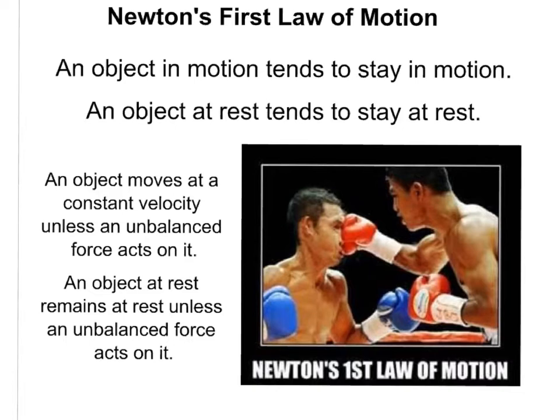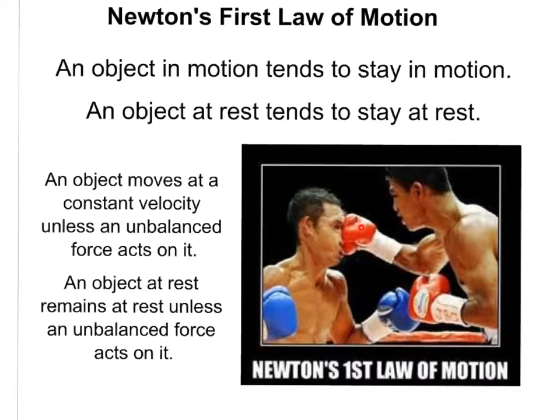An object in motion tends to stay in motion, and an object at rest tends to stay at rest. You should all have heard these before. This picture is a little bit of an illustration of aspects of this first law of motion. This man's face, if we could think of it as being an object at rest, is going to tend to stay at rest unless it's acted upon by an unbalanced force.